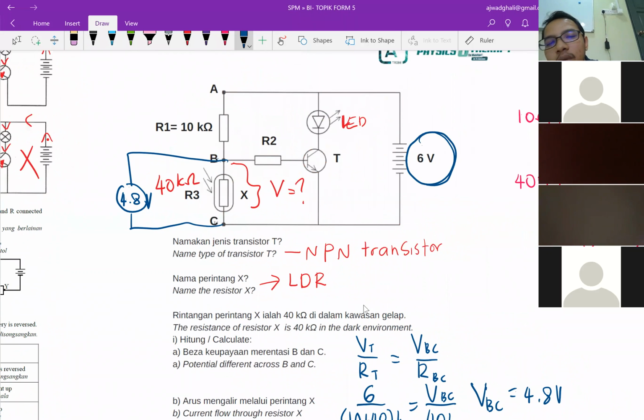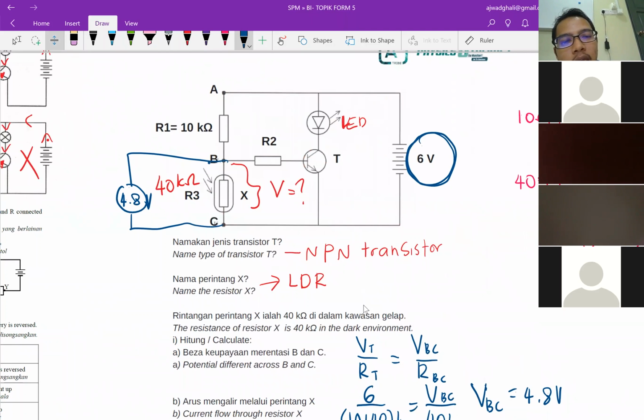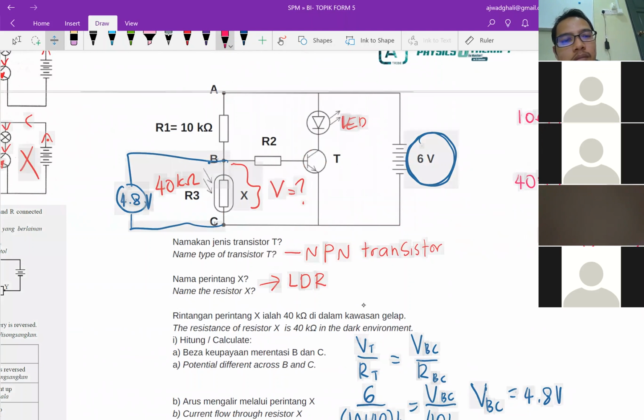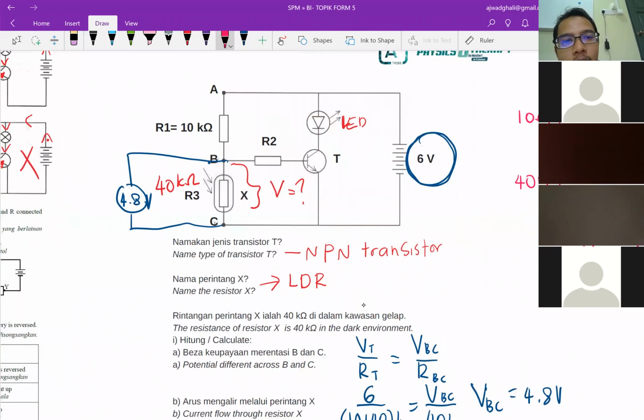For VBC it is 4.8, so VAB is the balance of it. So this one is 1.2 volt. If you add up both, 1.2 plus 4.8, you get 6 volt.